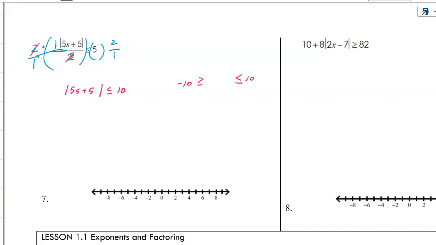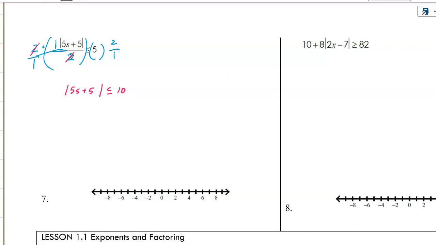It's going to trap whatever's inside, so you can solve it if you know how to solve compound inequalities. But that just confused you, so I'm going to rewrite that.